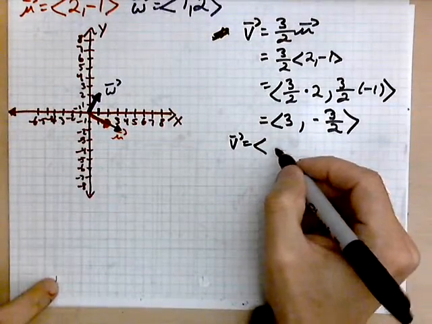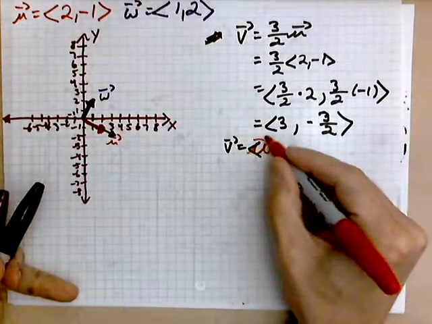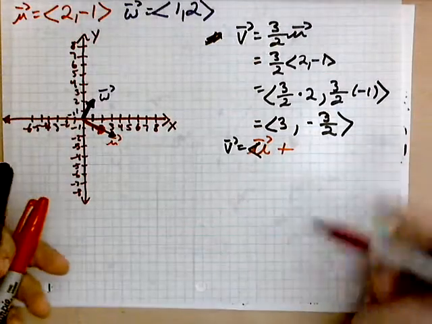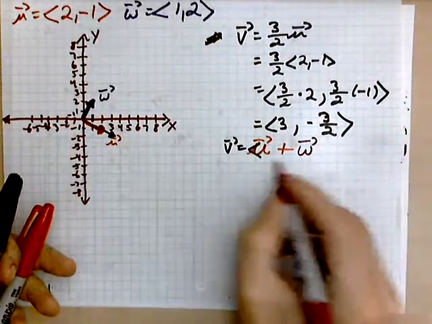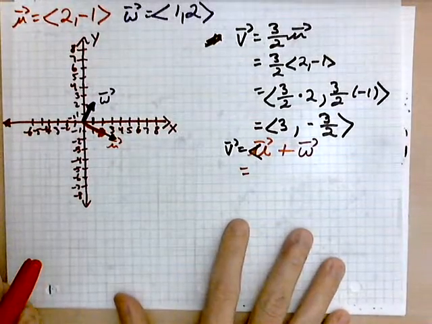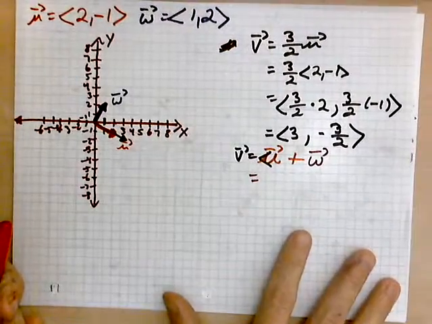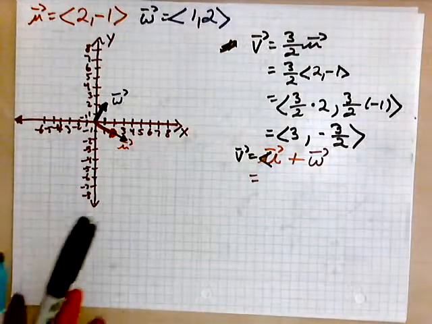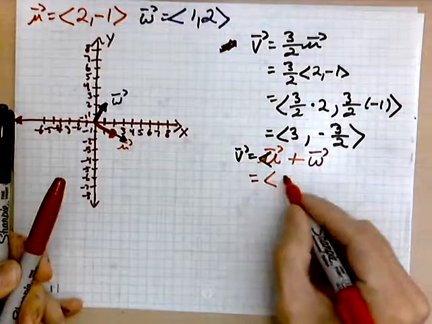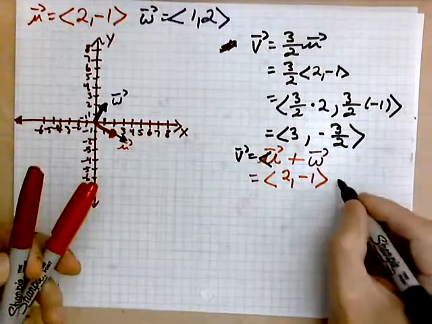equals u plus w. So we have, let me color code this, u plus w. So let's carry out this operation algebraically first to see what we have. The components of u are 2, -1, and to it we are adding w.